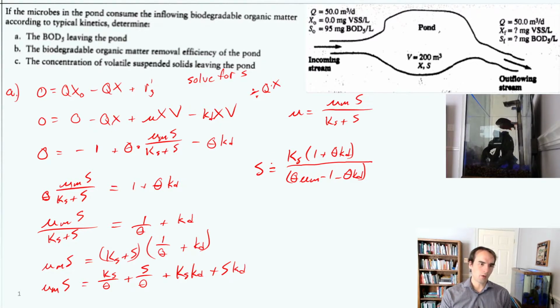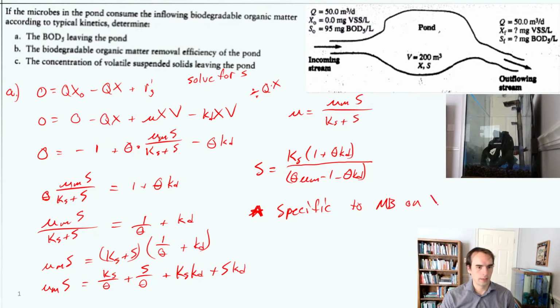Now, this equation works for any case where we have a CSTR with no recycle and 0 input of bacteria. So this is specific, and I'll probably give this to you as an equation, but you need to remember that it is specific to those exact conditions: a mass balance on X when CSTR with X naught equals 0, no recycle.